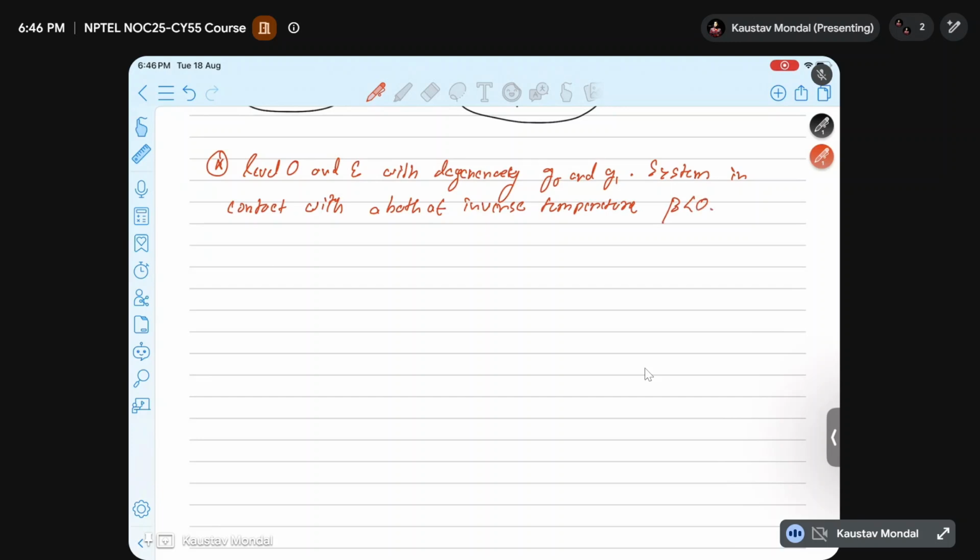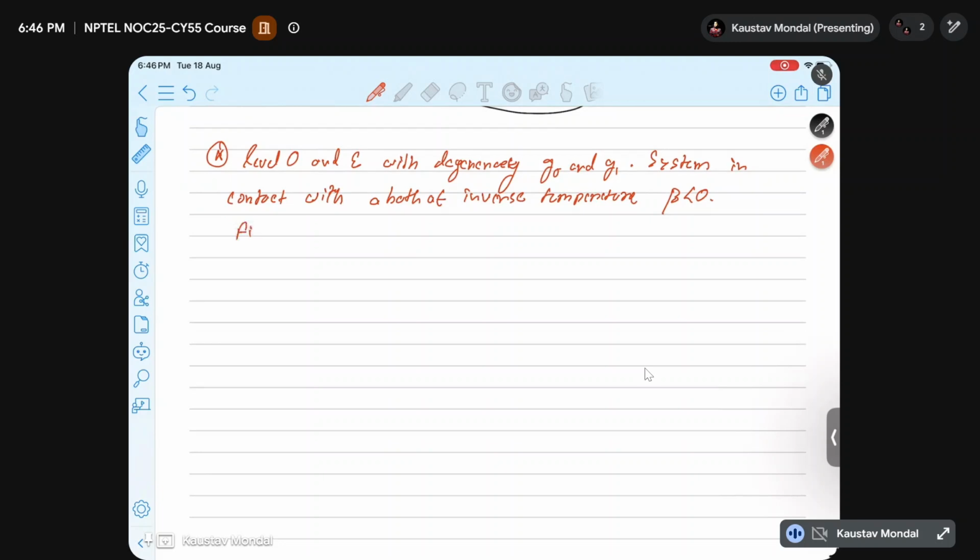We have to find the excited divided by ground population ratio.